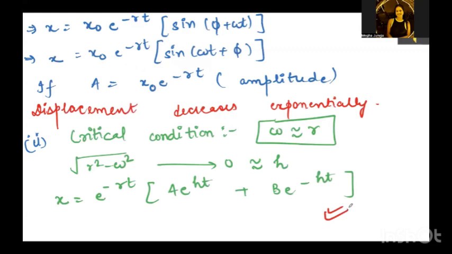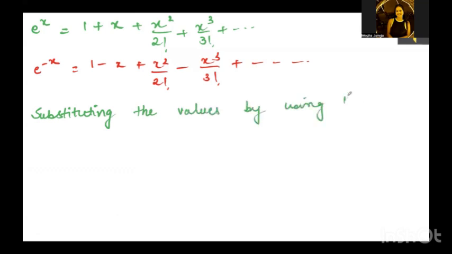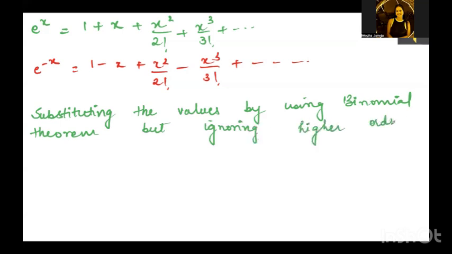But one thing that we are going to consider over here is that we have to ignore higher order terms while substituting the x values using binomial expansion, or we can also say binomial theorem. OK, higher order terms we will ignore.